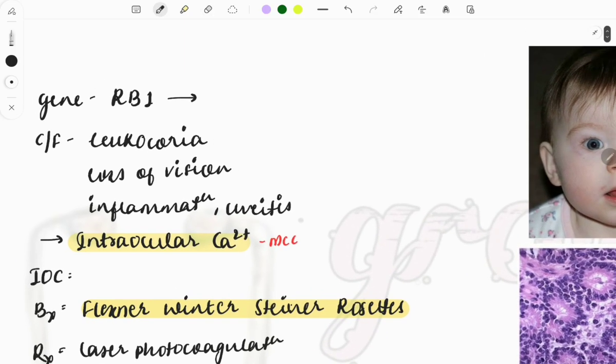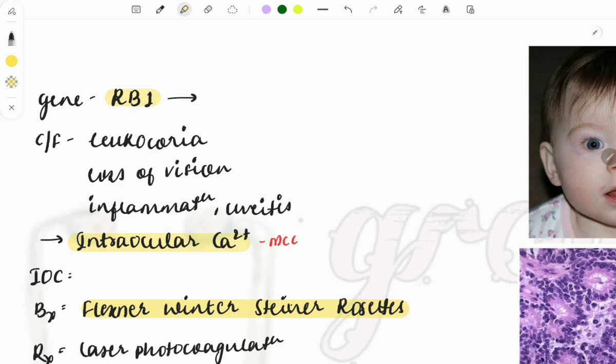Retinoblastoma is usually a disease that occurs due to a genetic mutation, and this is usually seen in young patients, I mean children aged less than 3 years. In them only this is seen, and we can detect it very early. The gene mutation is the RB1 gene.